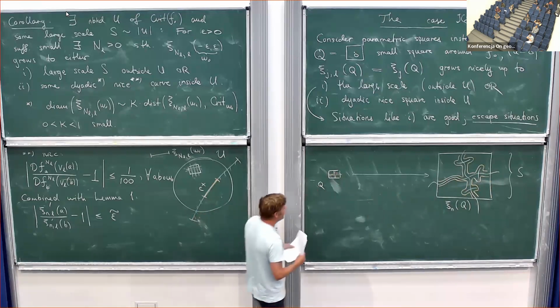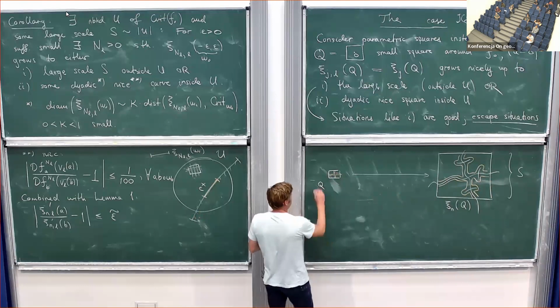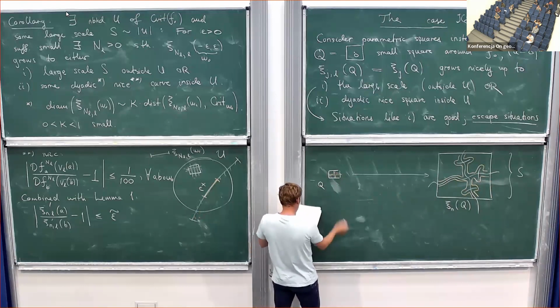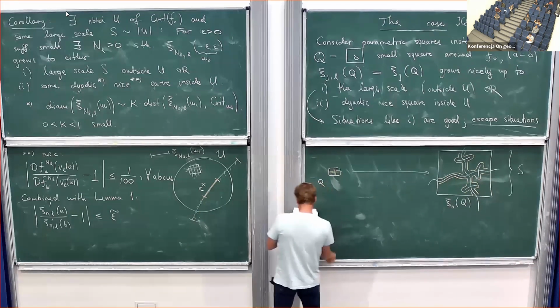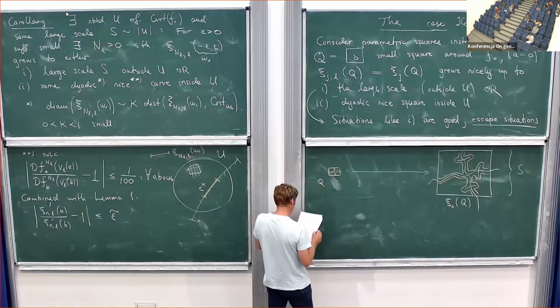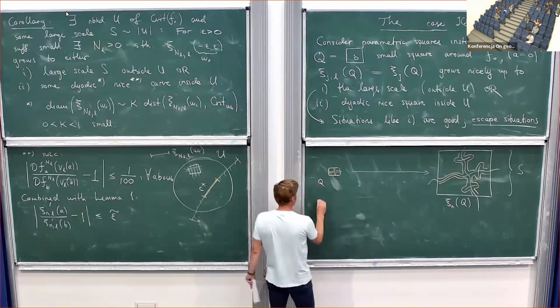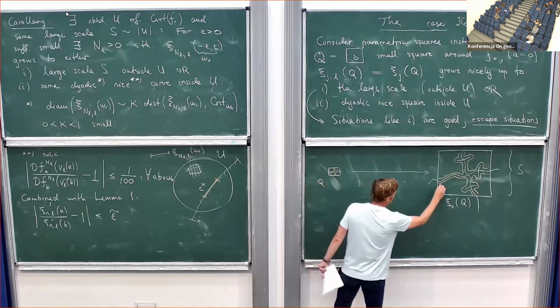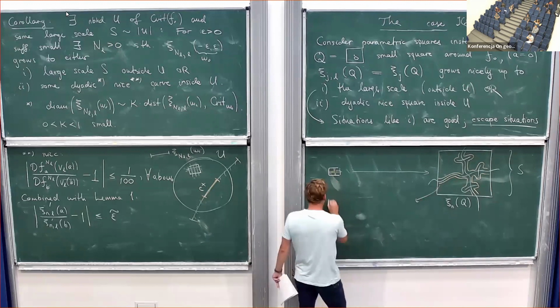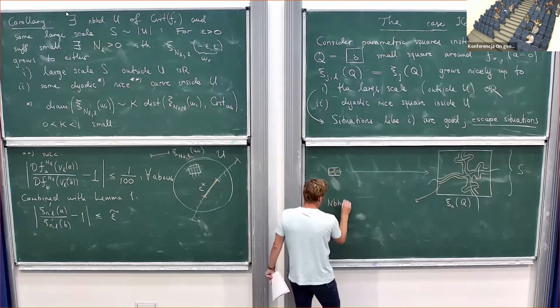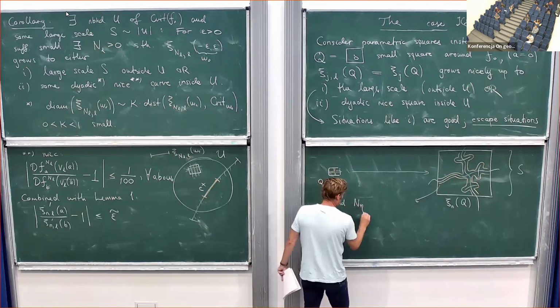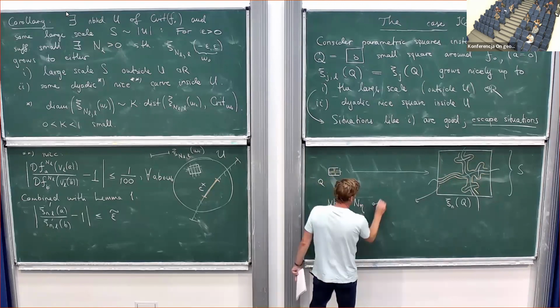Okay. And the interesting thing is that now if you choose eta, some neighborhood. So this orange thing here is some neighborhood N eta of the Julia set of the starting map.